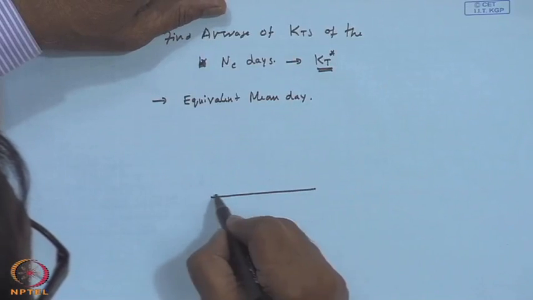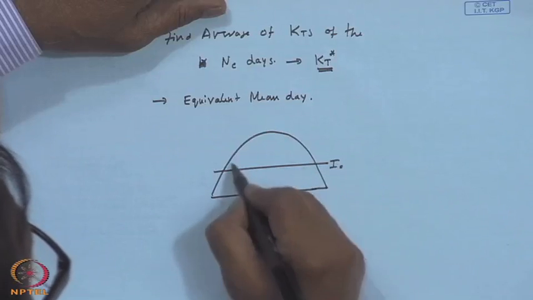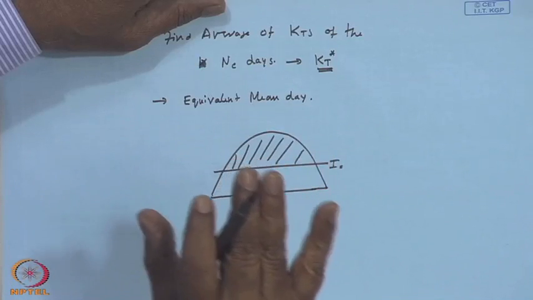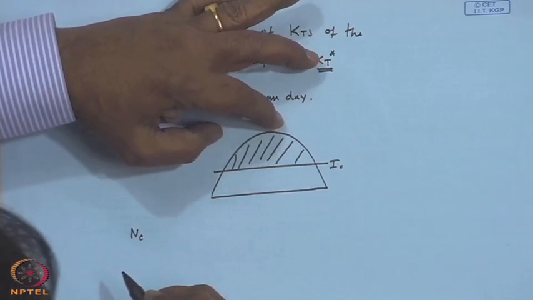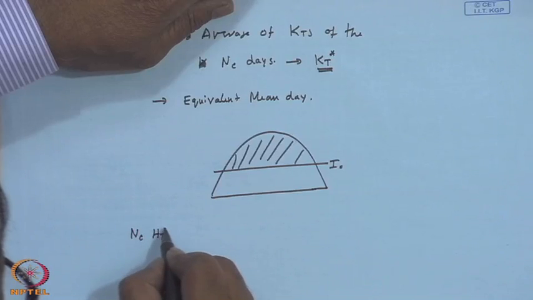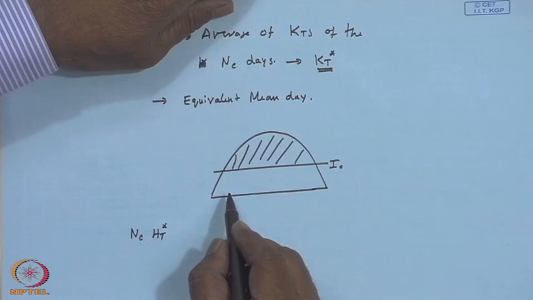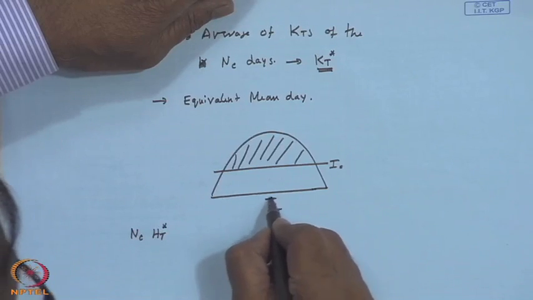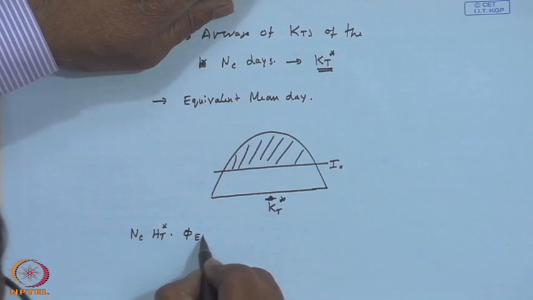So, this is the distribution, this is my Ic, this is the energy gain on the average day. So, if NC is the number of contributing days and I have got HT star as the radiation on the tilted surface on the day with a KT star, sorry, this multiplied by phi EMD.